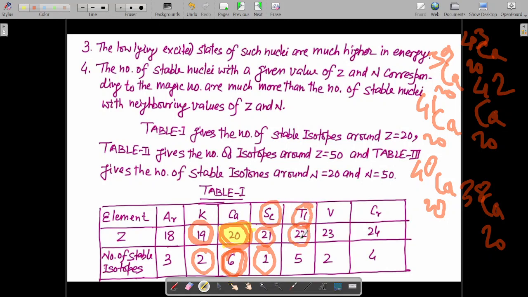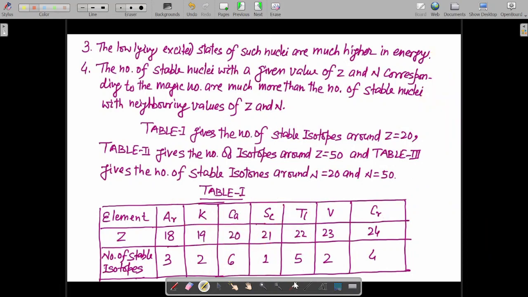Titanium has 22 protons, so it has 5 stable isotopes. But none of the neighbors has such a high number of stable isotopes. 6 stable isotopes is only the case with calcium, because calcium has a magic number of protons. So that is what is meant by this particular statement.